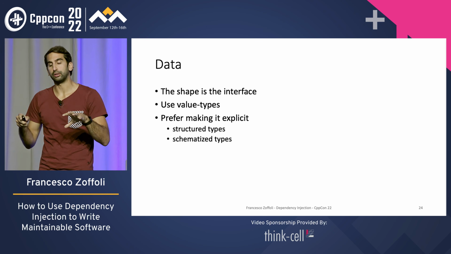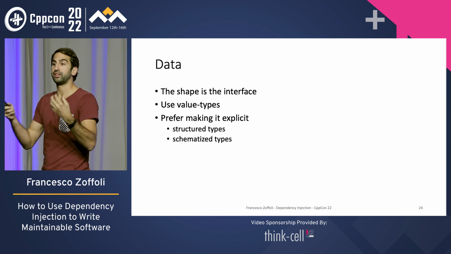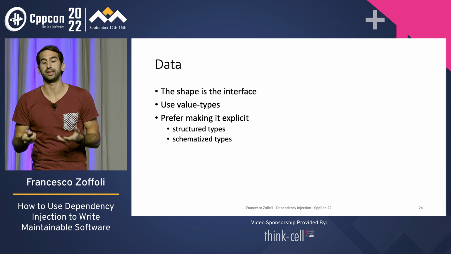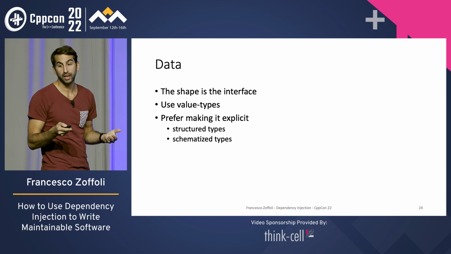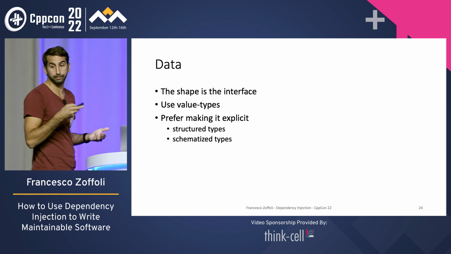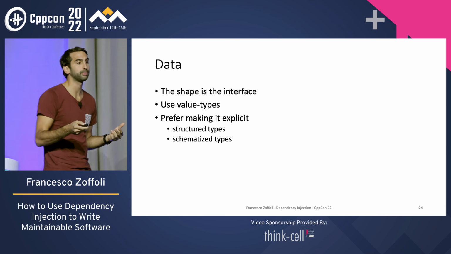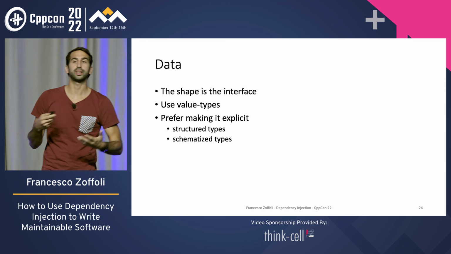And also talking about data, what is the interface for this information? The interface for this information is the shape of the data. So in these cases, you want to use value types, and you want to prefer making the type explicit, using a structured type. So for example, using a struct with named fields or a schematized type.